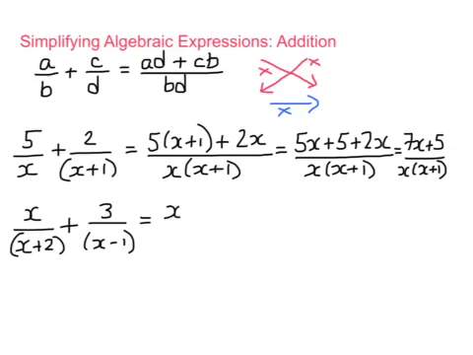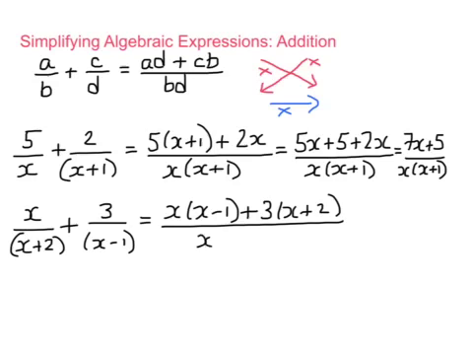So that gives me x times x minus 1. Plus, I now have to multiply this times this. So that gives me 3 times x plus 2. And I divide by my two bottom terms multiplied, so I get x plus 2 times x minus 1.